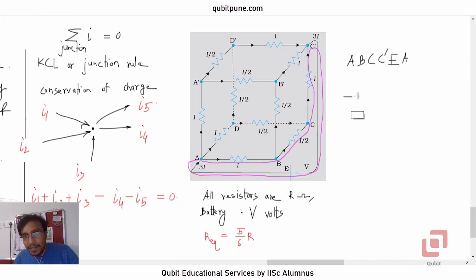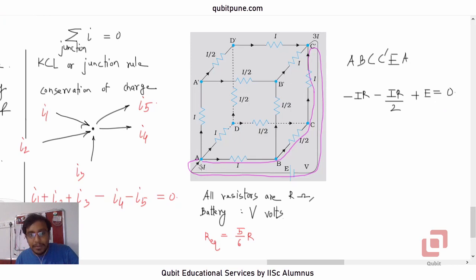I. So negative IR, it is a drop. Voltage always drops. Minus I by 2 R, so IR by 2. Then plus E, positive because it's an energy source, equal to 0.